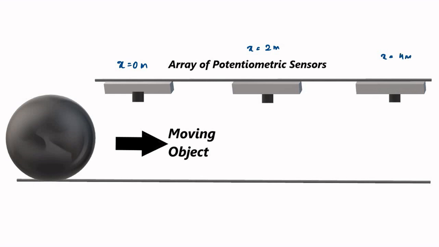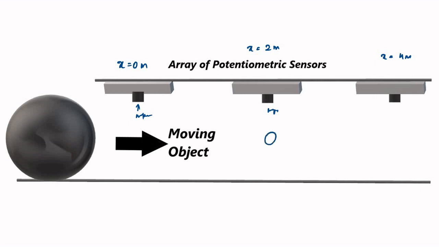Like that we place potentiometric sensors at fixed separation gaps. Whenever the object moves and strikes a wiper, the wiper undergoes a change in its position and it produces a voltage signal. Like this we can get the instantaneous position of the object and also determine its total displacement.